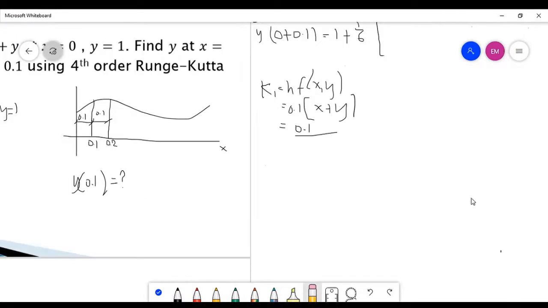Next is our K2. So again, from the formula, your K2 is equal to h times a function of, but your x here is combined with h over 2, and your y is combined with y plus your K1 over 2.